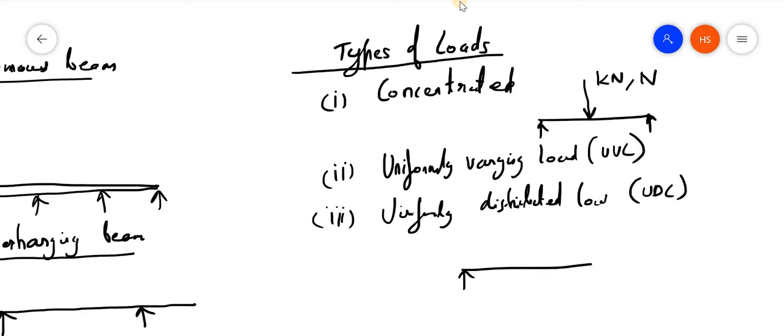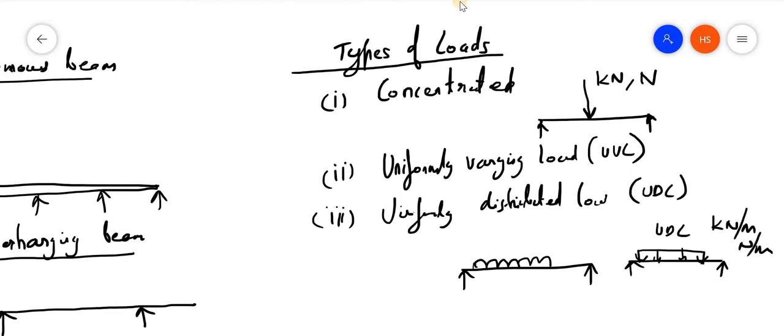I am having a beam like this, and there is a load in the shape of a rectangle like this. In some textbooks it is represented like this. The load is acting in a rectangular shape. This is UDL, and the unit is kilogram per meter, or Newton per meter, or Newton per millimeter.